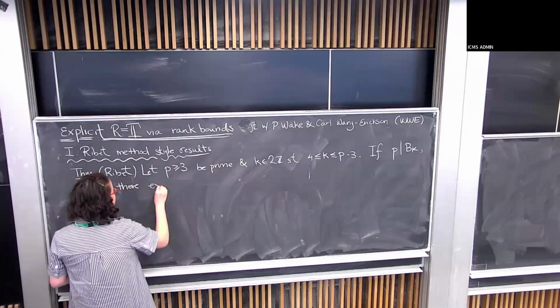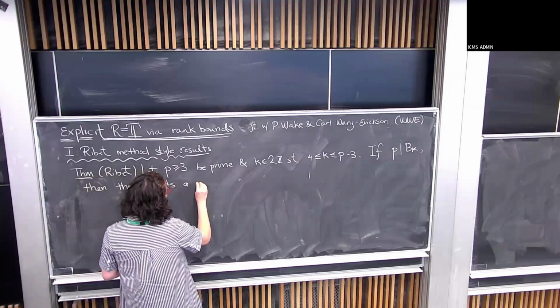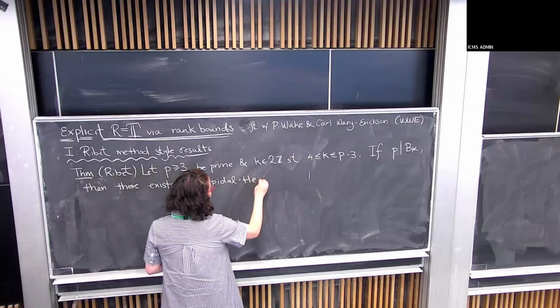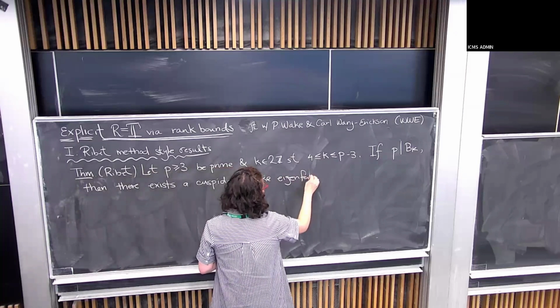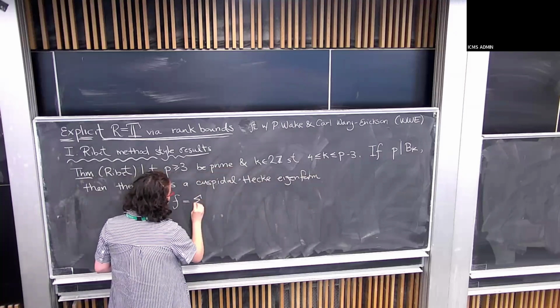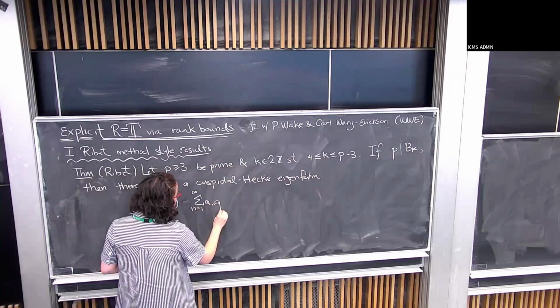there exists a cuspidal Hecke eigenform, which I'll denote by f. We can write out its Fourier expansion, just as sum a_n q^n.